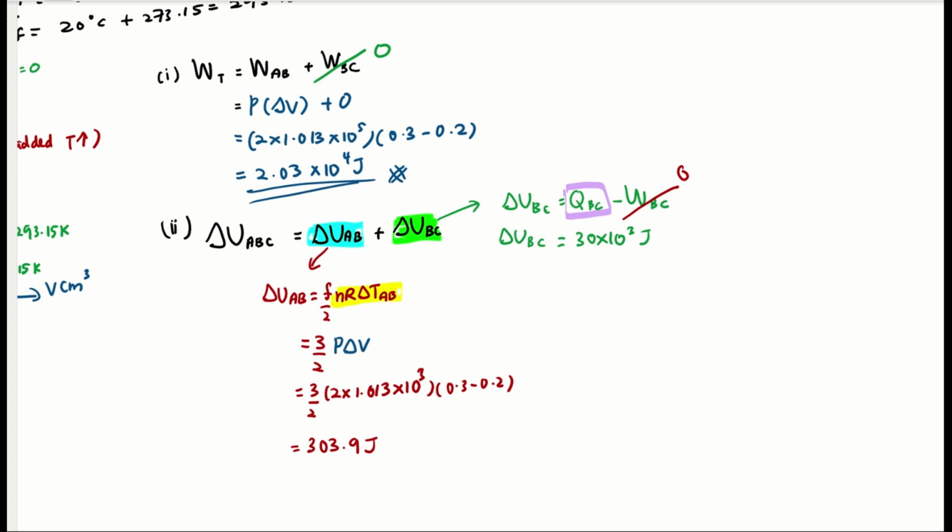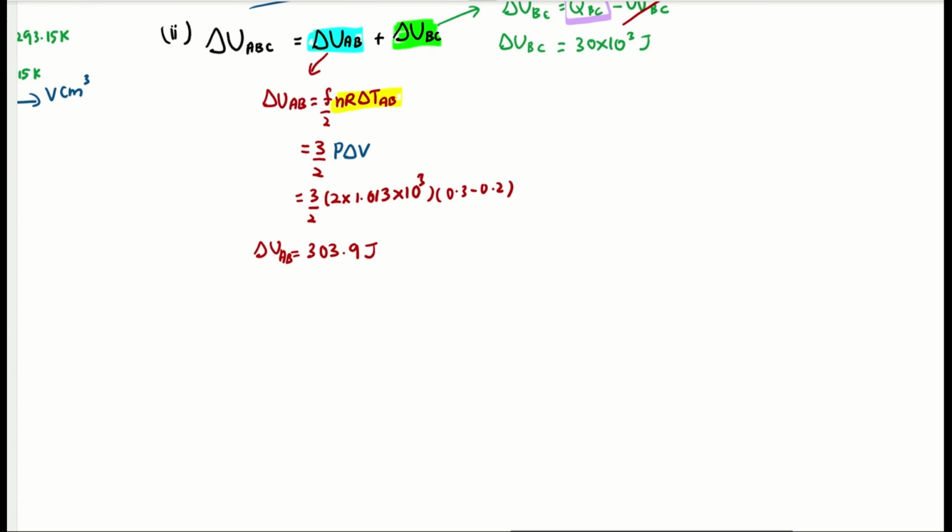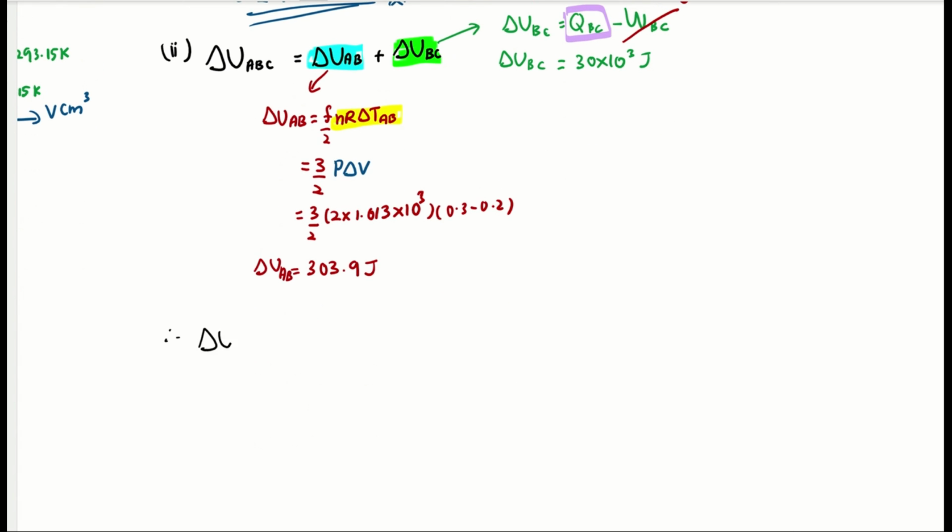Okay, jadi sekarang kita dah dapat dua maklumat, delta UAB dan juga delta UBC. So finally, we can calculate delta U for the whole process ABC is equal to delta UAB plus delta UBC, which is 303.9 plus 30 times 10 power of 3 joule. Okay, so finally the answer is equal to, oh jadi dekat sini saya salah kira tadi. That one is power of 5 here, saya kira power of 3.